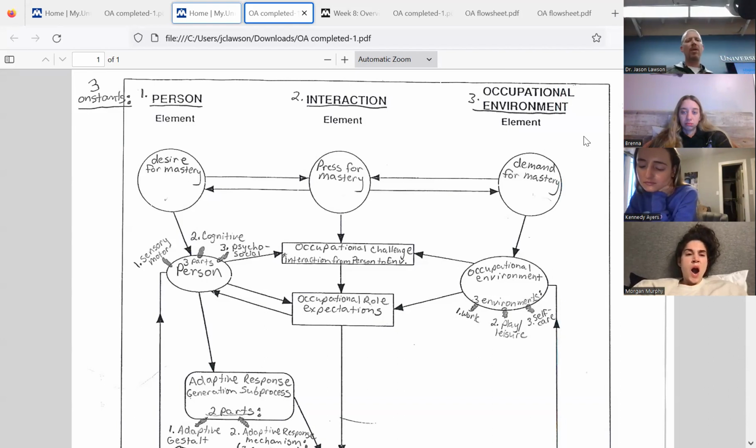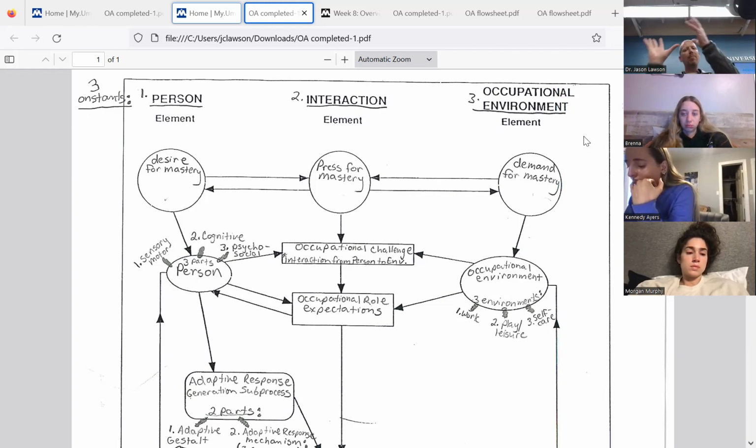Okay. So then underneath the person, we have the desire for mastery. Okay. We want to do well. And so what are the three parts of the person? Sensory motor, cognitive, and psychosocial. So if you look on my flow chart, I have little arrows that sort of say, okay, these are the three parts of the person.